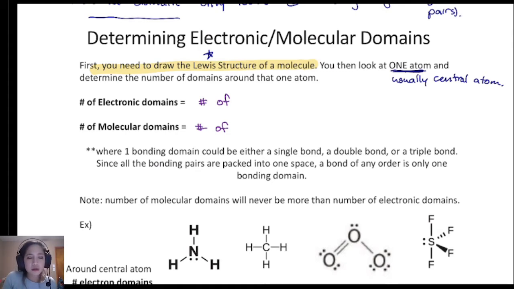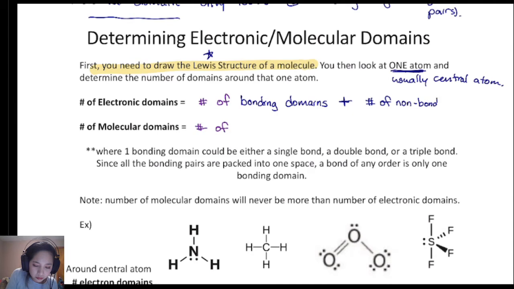Moving on, our definition for the number of electronic domains is the number of bonding domains plus the number of non-bonding pairs, or lone pairs. I'm just going to call it the number of lone pairs. So what do I mean by bonding domain?